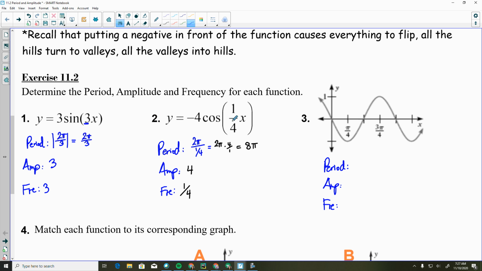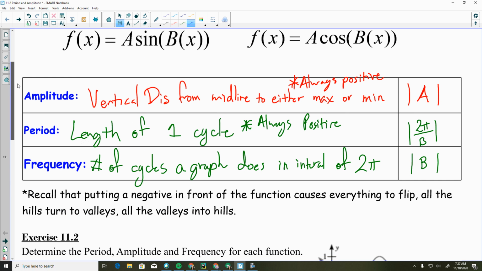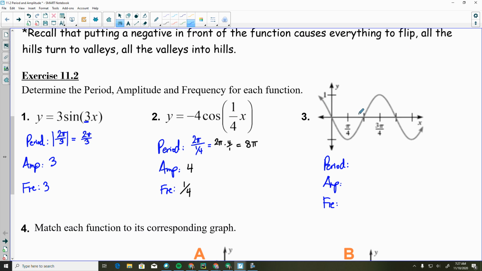So if we remember the definition of period, period is the length of one cycle. So if I started here, one cycle around the unit circle would end right there. So that would be the length of one cycle. So what's this value right here? Well, if this is pi over 4, this is 2 pi over 4, 3 pi over 4, 4 pi over 4.